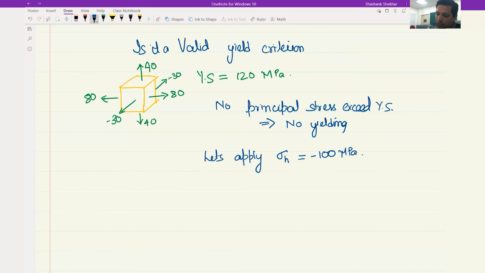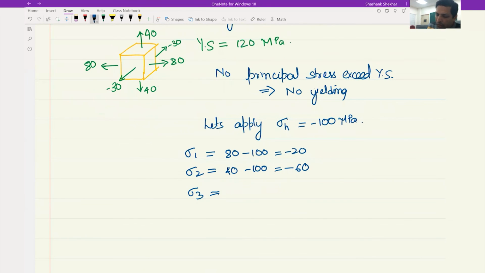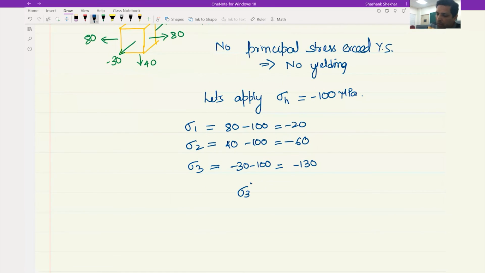Now sigma 1 becomes 80 minus 100, equal to minus 20. Sigma 2 equals 40 minus 100, equal to minus 60. And sigma 3 equals minus 30 minus 100, equal to minus 130. So now this sigma 3 in magnitude is greater than the yield strength of the material, which implies yielding will take place.